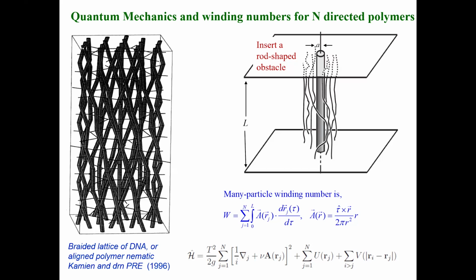So yes, there can be a phase transition in the winding number. And you can translate that, although I won't have time to talk about it today, into the consequences of the universal jump in the 2-dimensional superfluid density of a Kosterlitz-Thouless transition. That tells you something about a universal jump in the winding number. So you can connect the two fields that way.